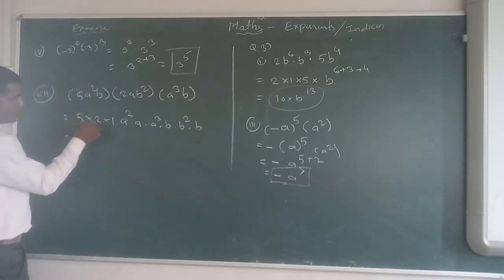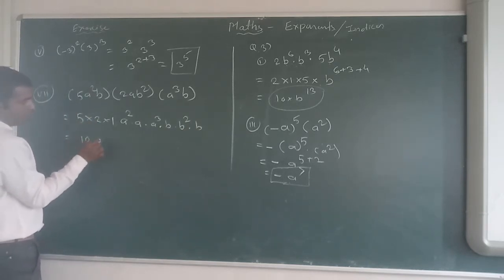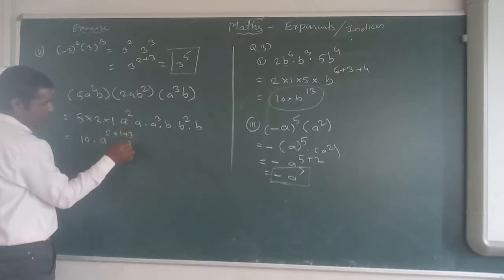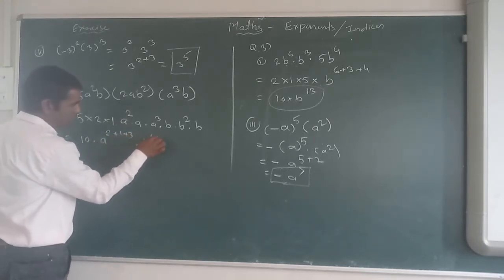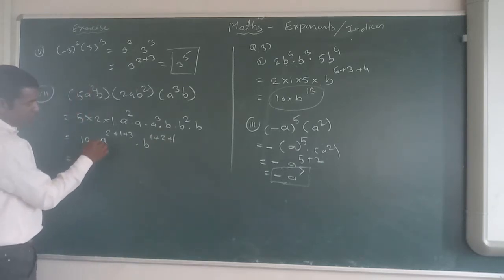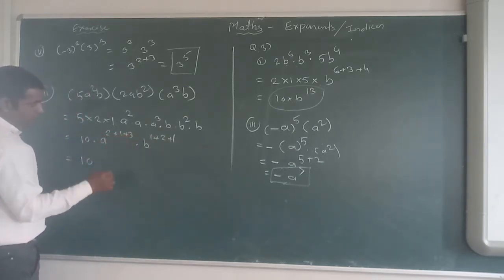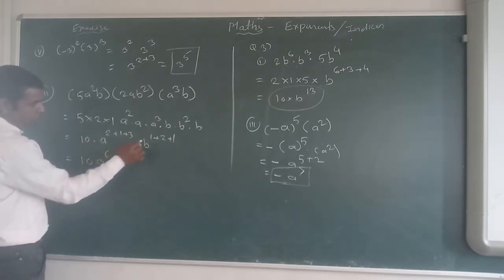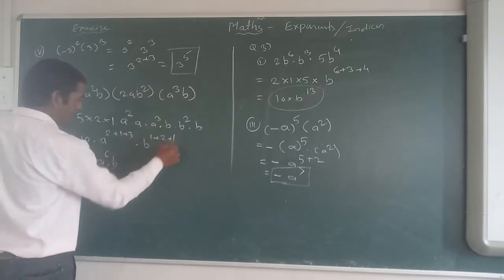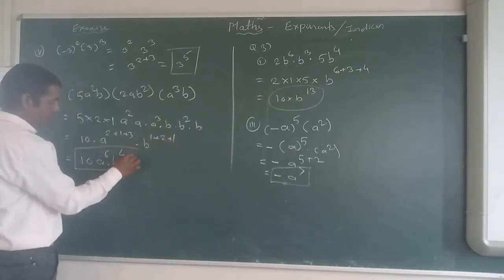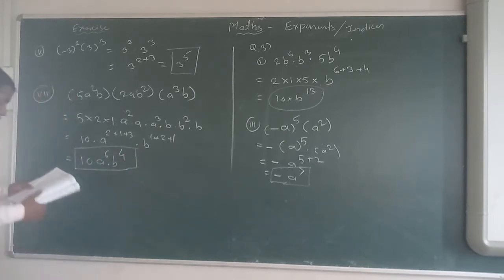In the next step, 10 into a raised to 2 plus 1 plus 3, which will be 6. So a raised to 6, and b raised to 1 plus 2 plus 1, which will be 4. So this is your answer: 10 a raised to 6 b raised to 4. Got it now?